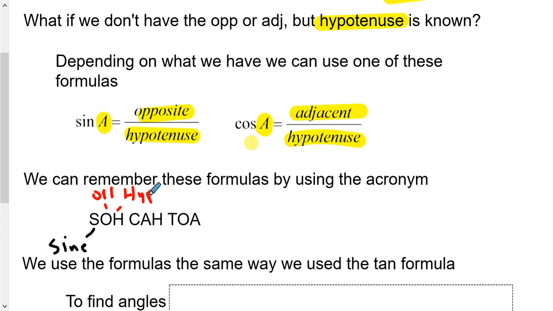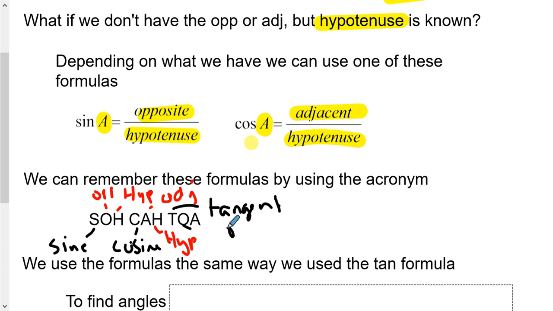So we have SOH, and then we have CAH, the C telling us that this is the cosine ratio, with A representing adjacent and H representing hypotenuse. And then the TOA tells us the one that we focused on for the most part already. This is the tangent ratio that refers to the opposite and then the adjacent.